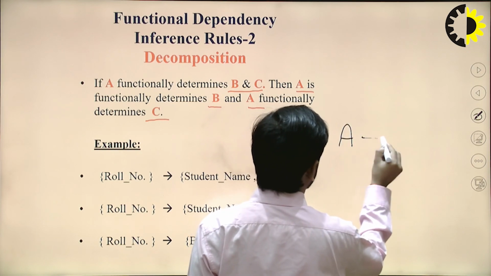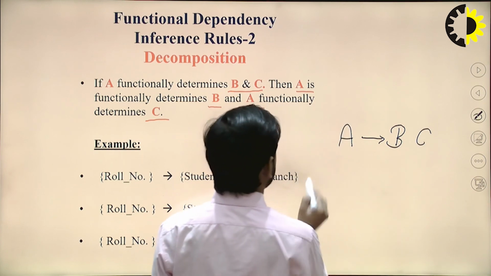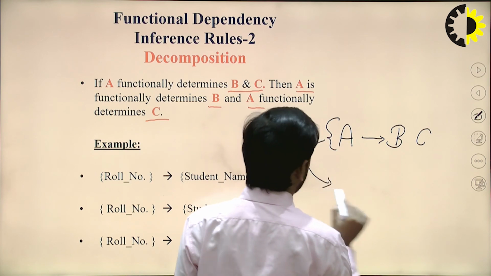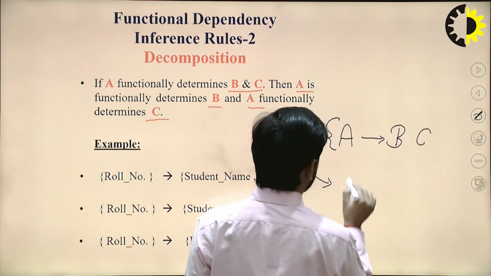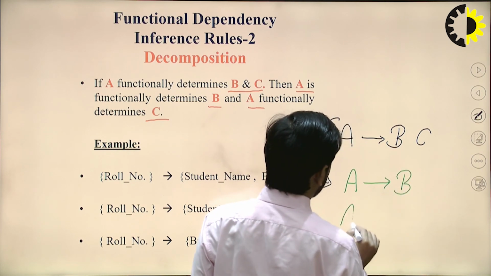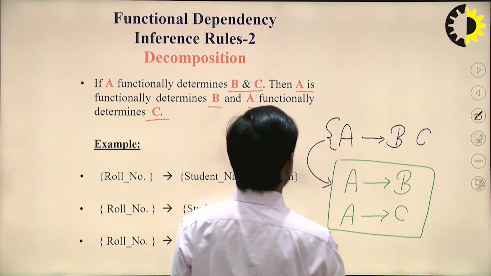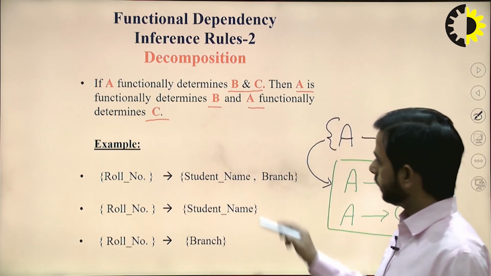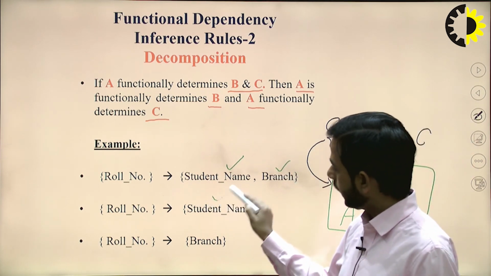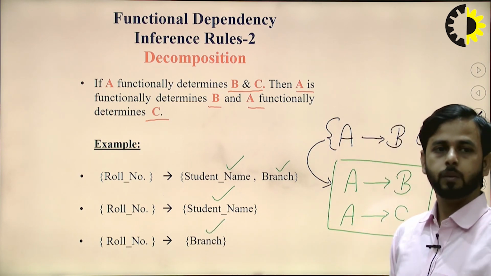If A functionally determines B and C, then I can decompose this functional dependency, and I can write that A individually can identify B and A can identify C. So this is decomposition. So from roll number if I can identify student name and branch both, then from roll number I can identify student name, and from roll number I can identify branch.